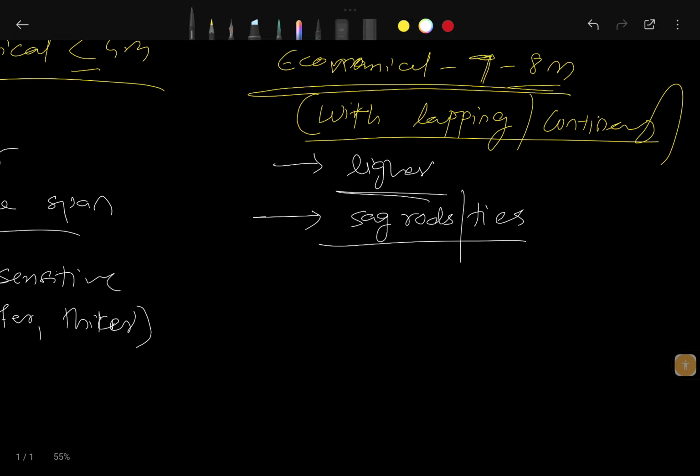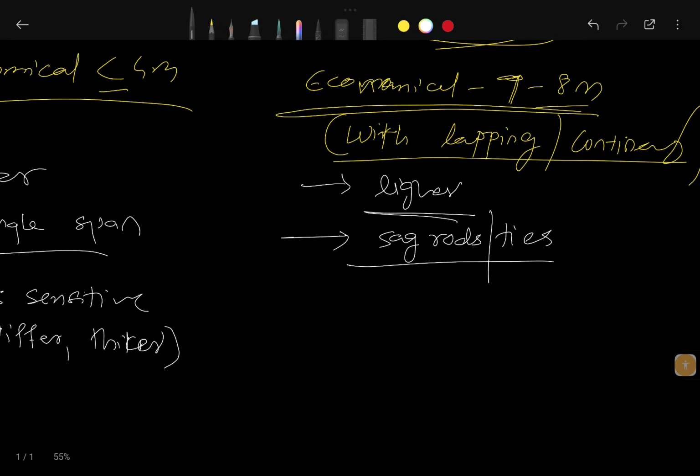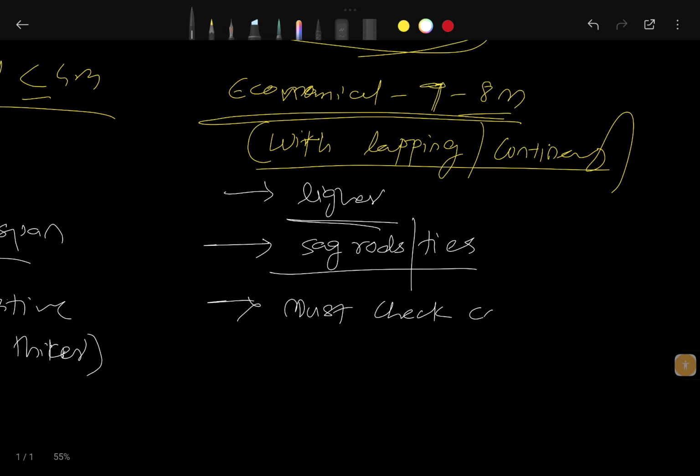But if you see the deflection criteria, with cold form members you must check carefully because these have thin webs and can deflect or buckle.